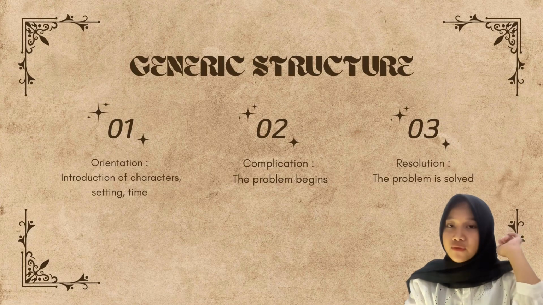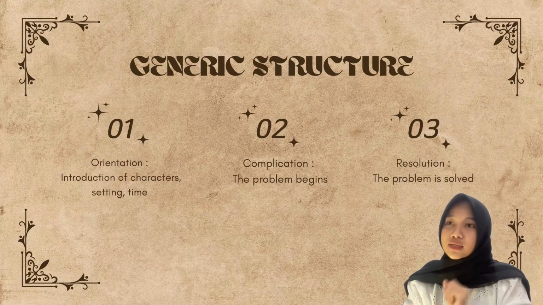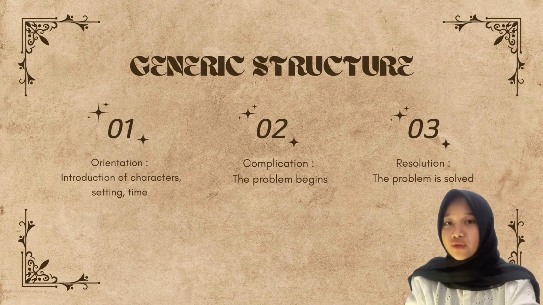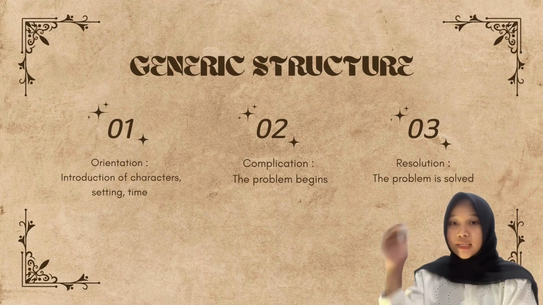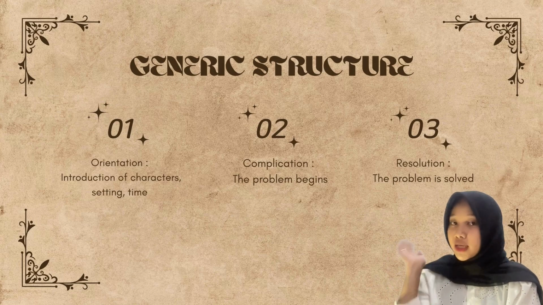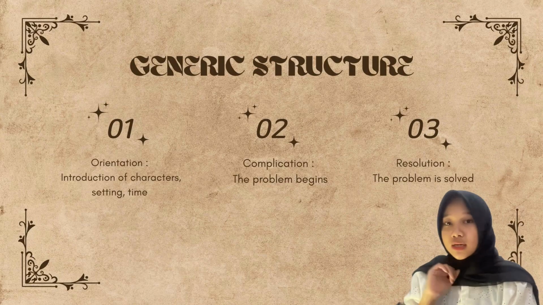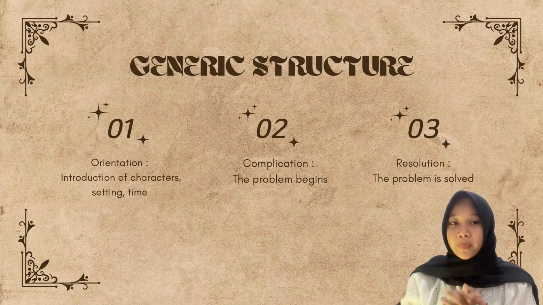Every narrative text usually has three parts. The first is orientation, the second one is complication, and the last one is resolution.